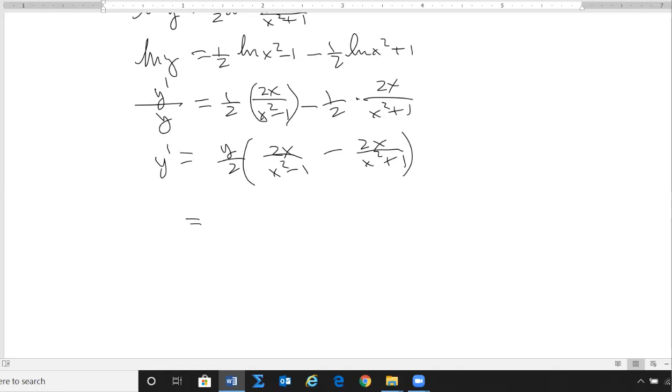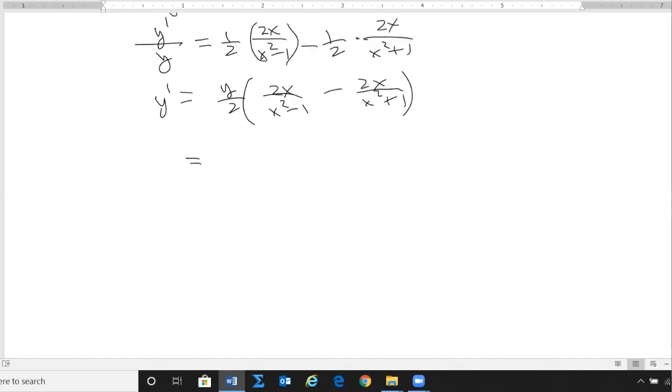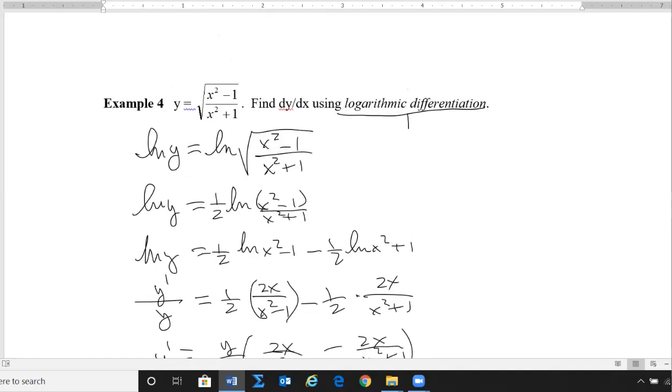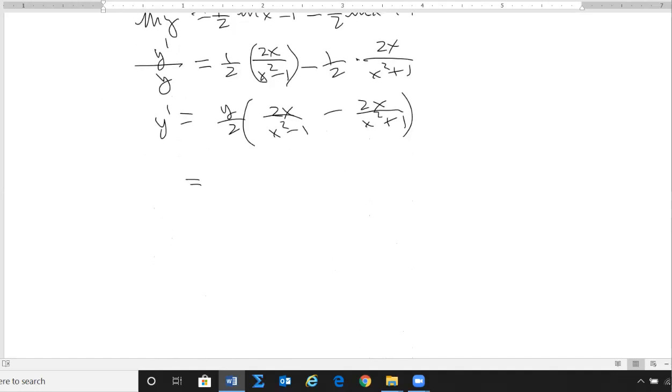Okay, first of all, I'm going to cancel that 2 just because it can be canceled. And our function was the square root of x squared minus 1 over x squared plus 1. So all of this is the square root of x squared minus 1 over x squared plus 1. And I'm going to put these together here.